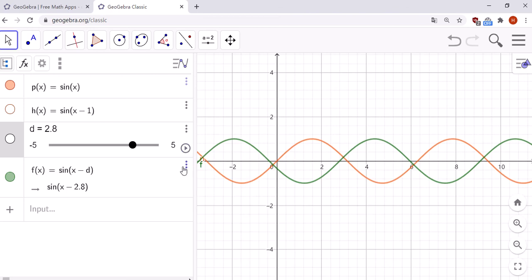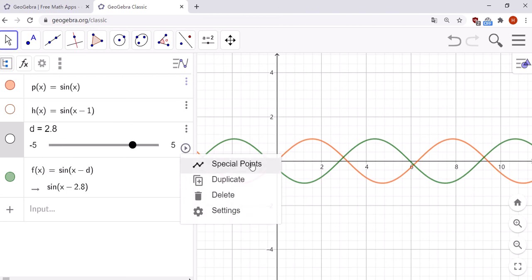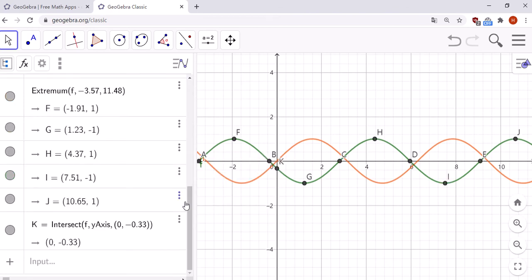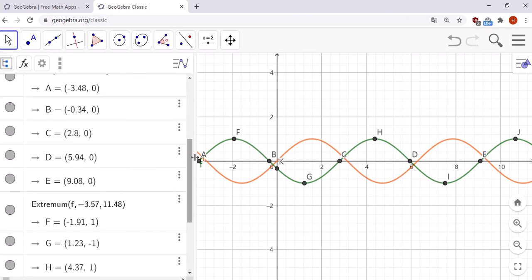And check this special point. For this one, B is negative 0.34.